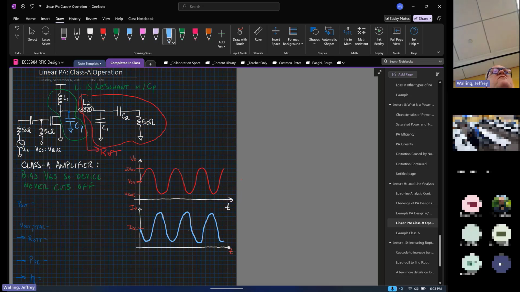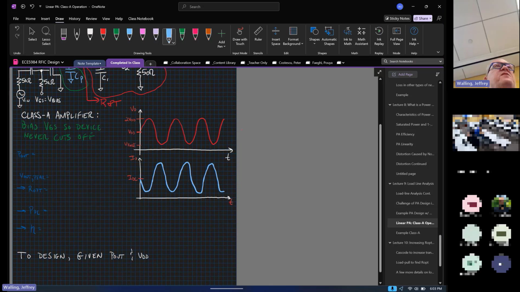And since it can swing all the way down to a low voltage, it has to be able to swing all the way up to a high voltage to maintain the same DC level. So biasing through an inductor gives us free voltage swing. That's good. Now, our device might not be able to handle that voltage swing, so we might need to be careful. But we get free voltage swing using the inductor.